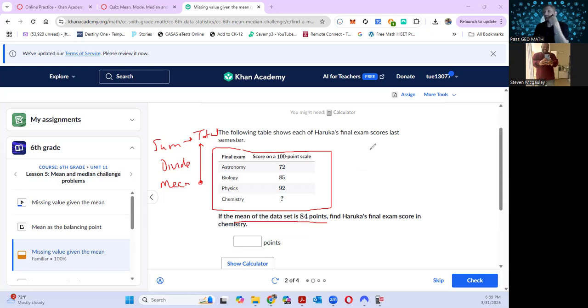Opposite of division is what? The multiplication. So what are we multiplying? I don't want to get this wrong.